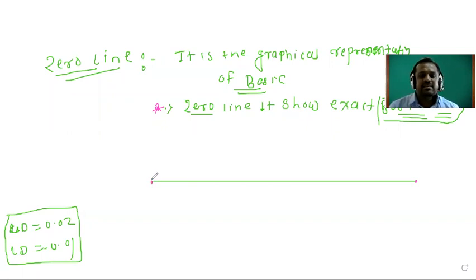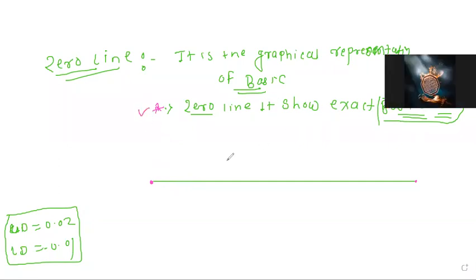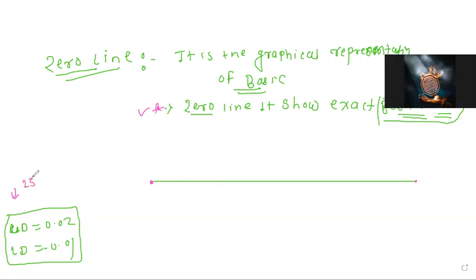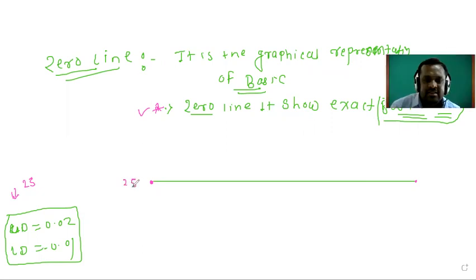This is called as the zero line, and remember this sentence, that zero line will show the exact basic size. म्हणजे in this example, what was our basic size? 25. मला सांगा, मी 25 कुठे दाखवू आता? या लाईनच्या बरोबर दाखवू, वरती दाखवू, खालती दाखवू? लाईनच्या बरोबर. बरोबर आहे, म्हणजे it will indicate the 25. म्हणजे थोडक्यात ही लाईन तुमची एक्झॅक्ट बेसिक साईज दाखवणार आहे. बरोबर आहे का? बरोबर आहे.